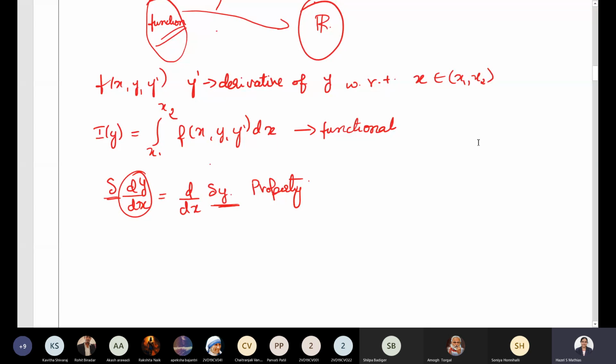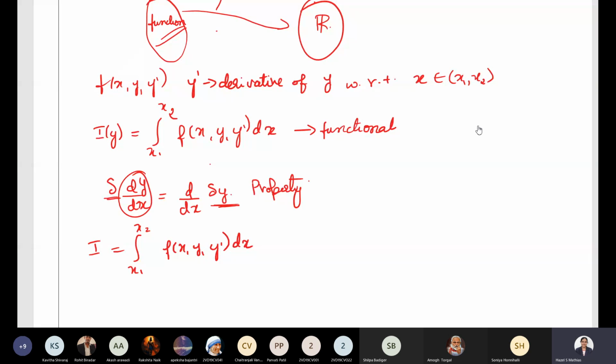Now, as an example, suppose I is given to be the integral from x1 to x2 of f of x comma y dash dx. How can you apply this property?